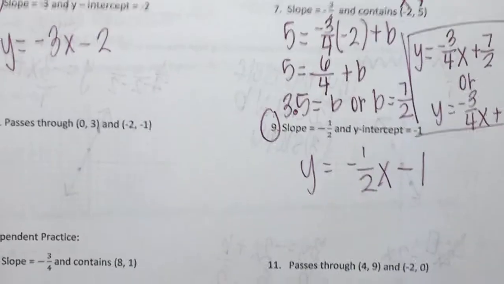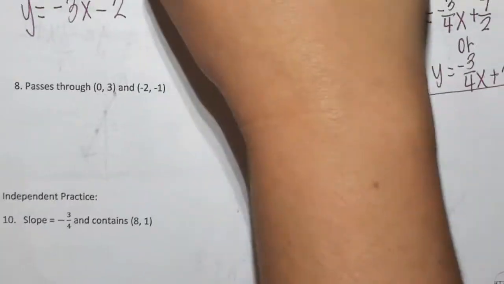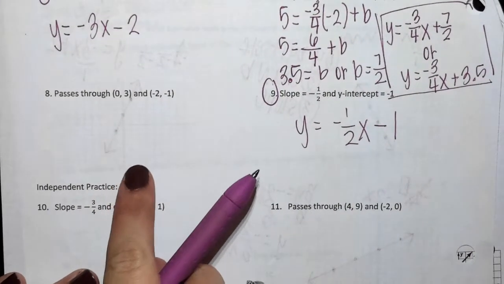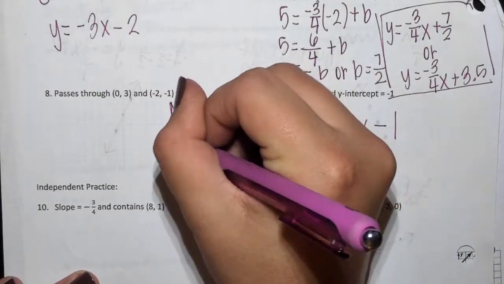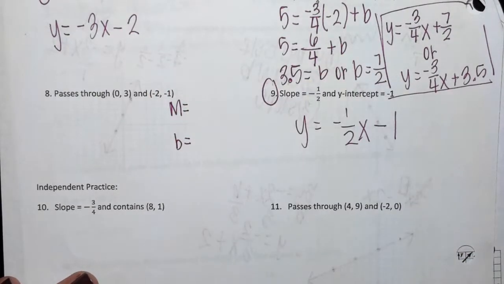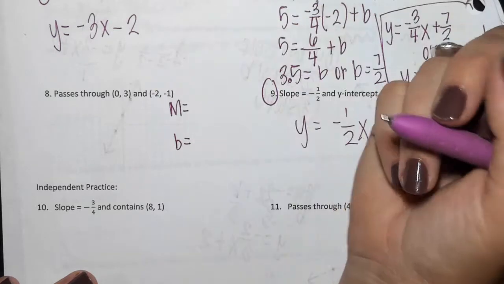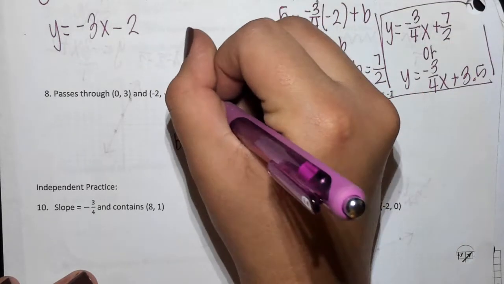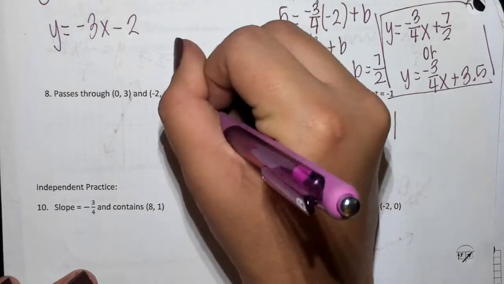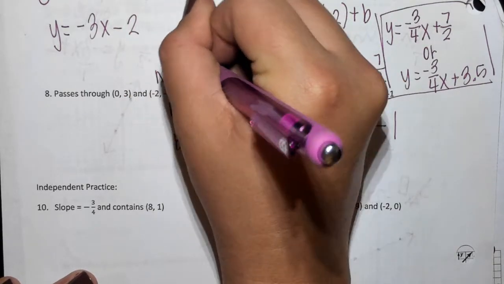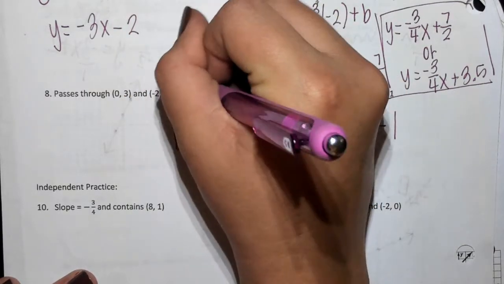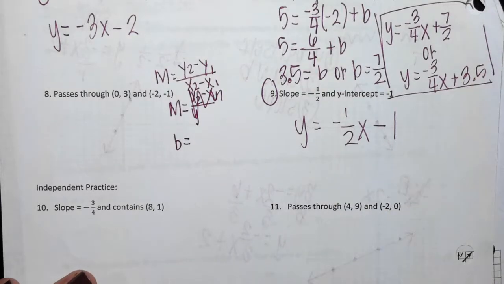Okay, we have one more scenario. We're given 2 points, and we have to find M and B. Well, don't you know the formula for slope? Slope is y2 minus y1 over x2 minus x1. Your y's are on top.